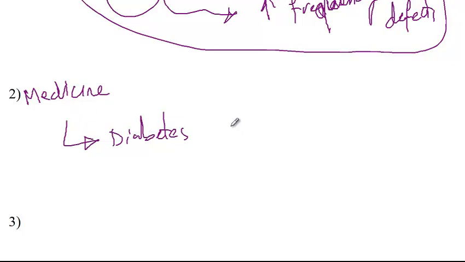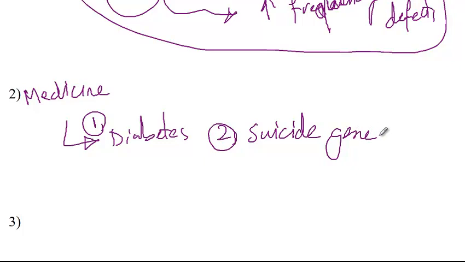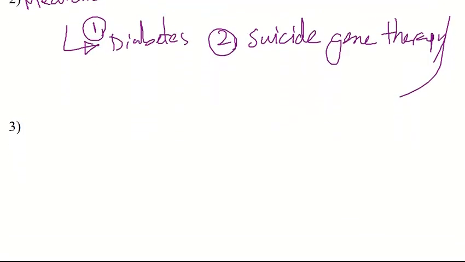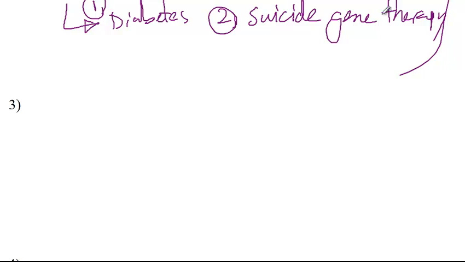And then another application in medicine is, for instance, producing genes that selectively kill cancer cells, and this is called suicide gene therapy. So you introduce genes that will selectively kill cancer cells. So that's another application of gene cloning. Gene cloning can also be used in agriculture. So number 3, agriculture.